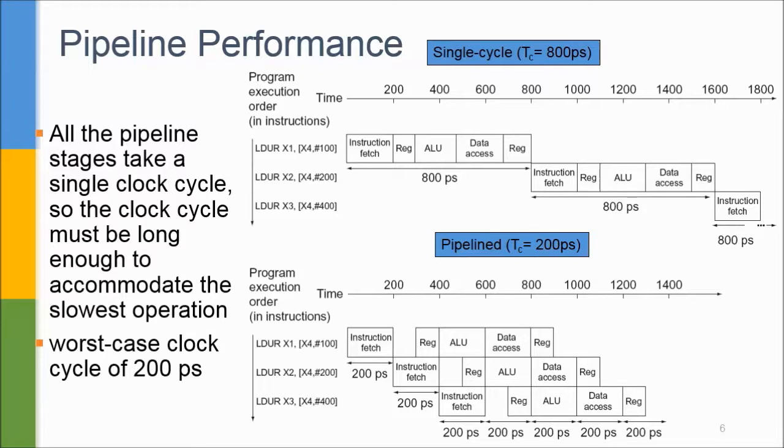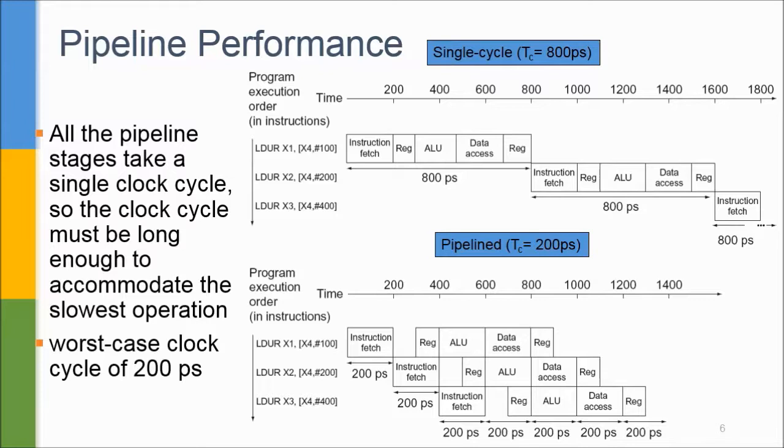On the other hand, all the pipeline stages take a single clock cycle, so the clock cycle must be long enough to accommodate the slowest operation, just as the single cycle design must take the worst case clock cycle of 800 picoseconds, even though some instructions can be as fast as 500 picoseconds.